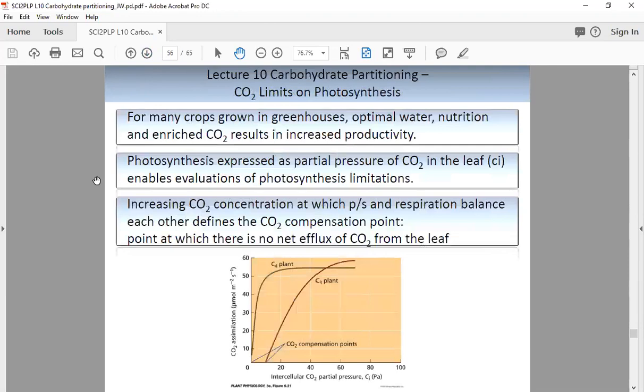Photosynthetic rate can be expressed as a function of the partial pressure of carbon dioxide in the air spaces in the leaf. And this makes it possible to evaluate limitations to photosynthesis imposed by carbon dioxide supply.